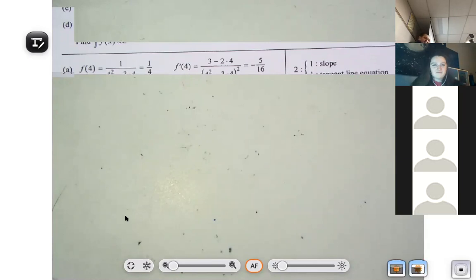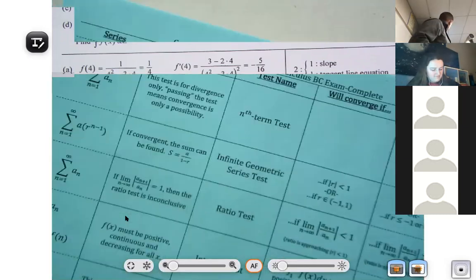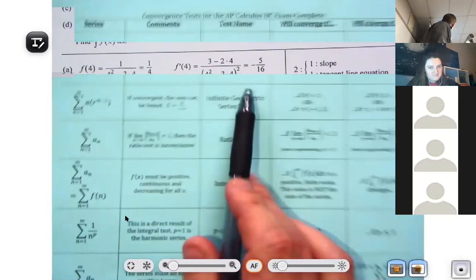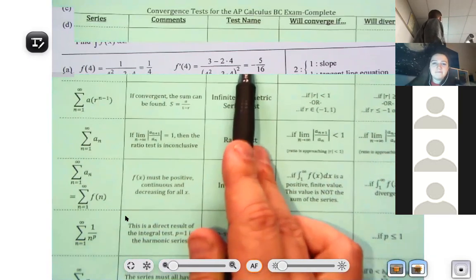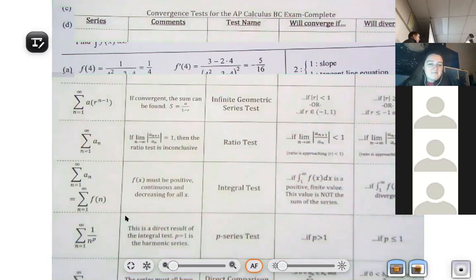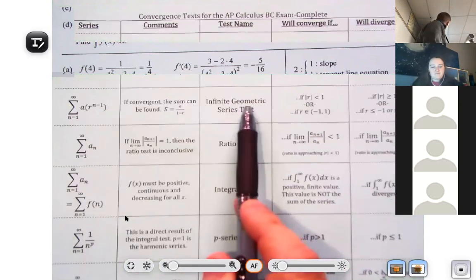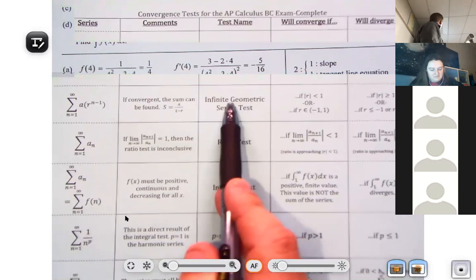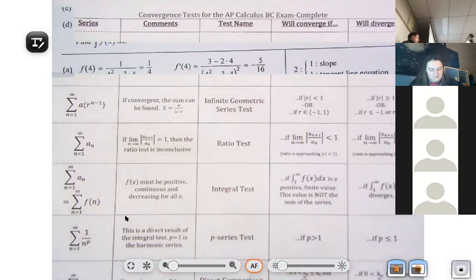Okay. So last time we talked about the nth term test, and that only tells you if a series will diverge. It doesn't tell you if a series will converge. That's what the nth term test does. Then we did the infinite geometric series test. This one is rather nice, but sometimes you have to do some manipulation to figure out the first term and what R is to then apply it.